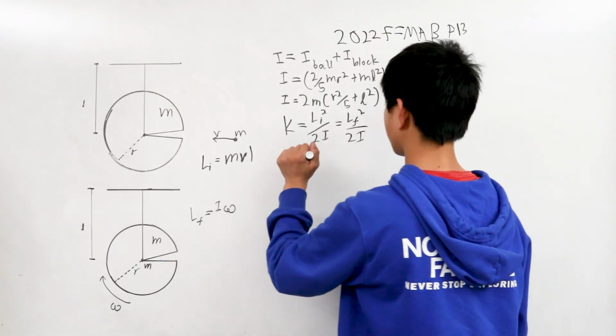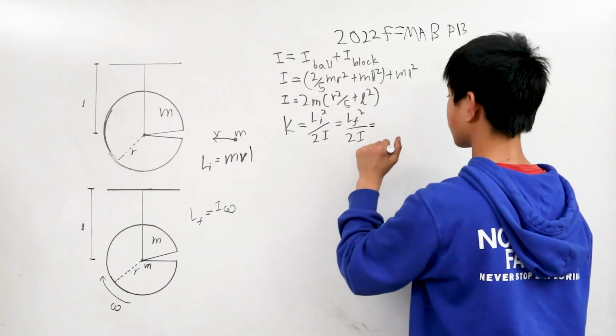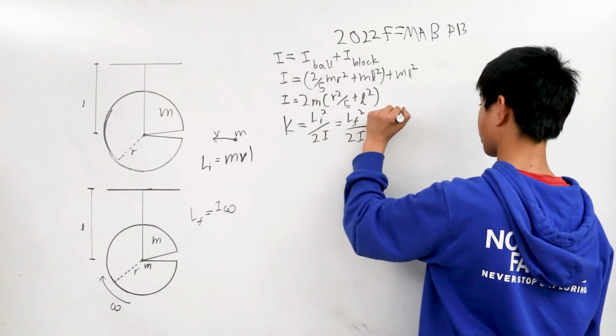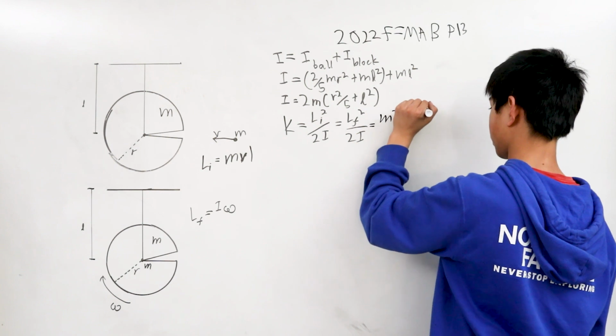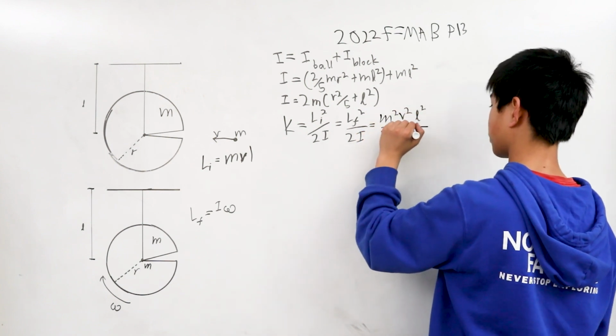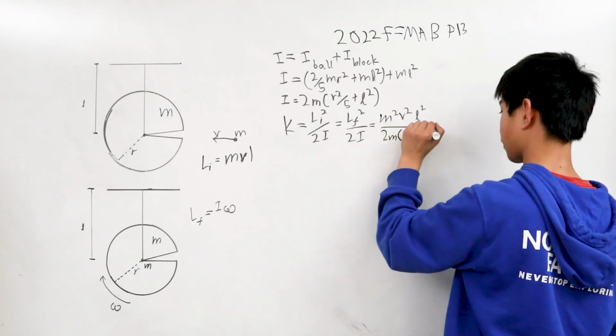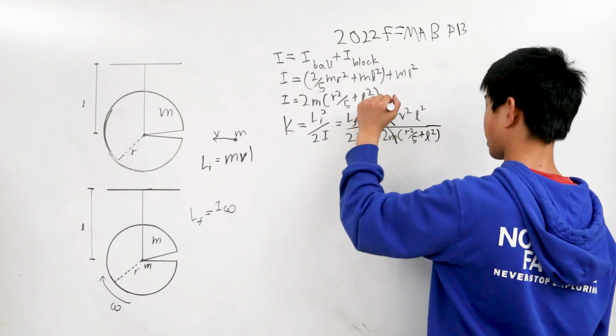So the initial, when you square that, is m squared v squared L squared over 2m times R squared over 5 plus L squared. You can divide both sides by m.